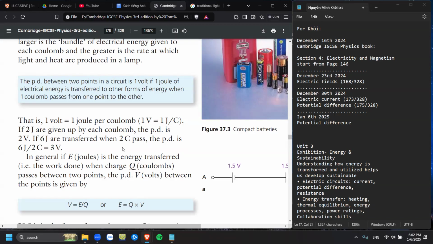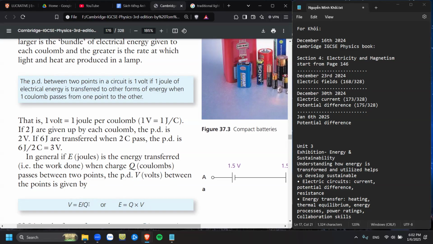So in general, if energy E in joules is the energy transferred when charge Q in coulombs passes between 2 points, the potential difference in volts between the points is given by this: V equals energy divided by charge in coulombs, V = E/Q.